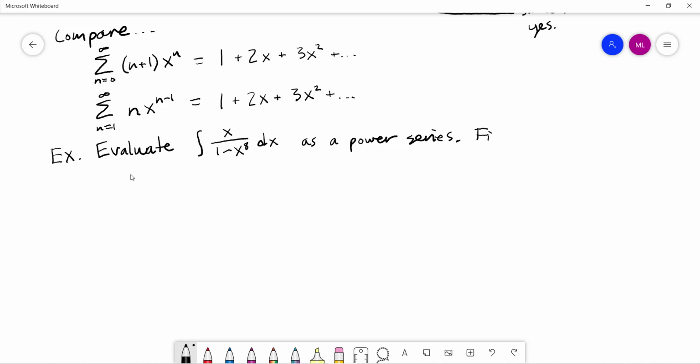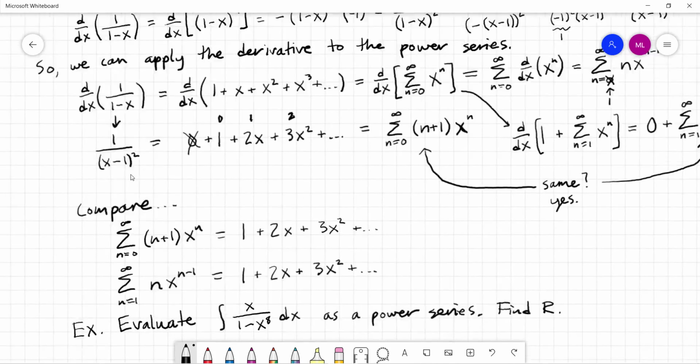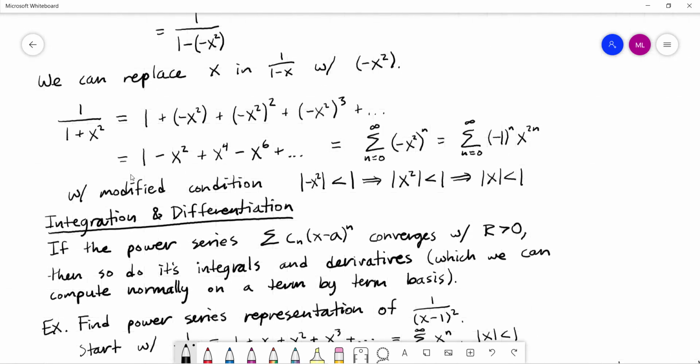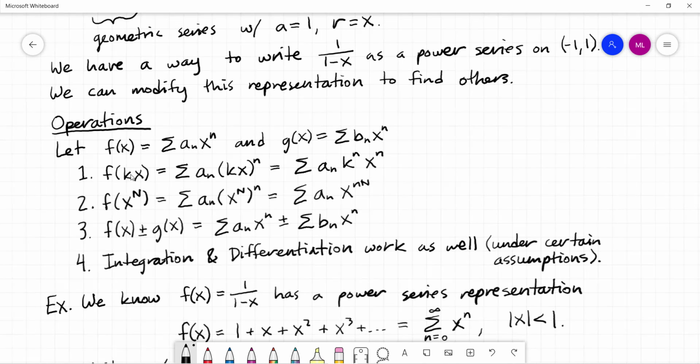And while we're at it, let's find the radius of convergence that makes this thing accurate. So I'm going to break this up into a few different pieces. I'm going to come back again to our properties up here and just think about what we're allowed to do.